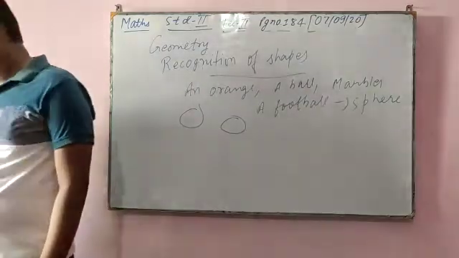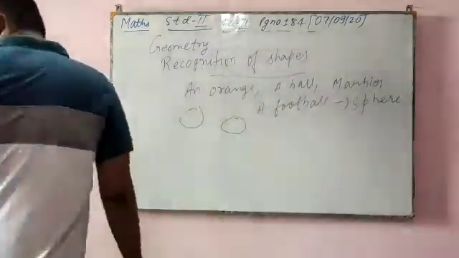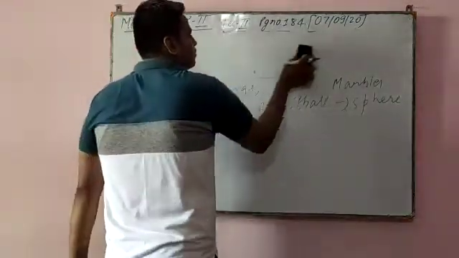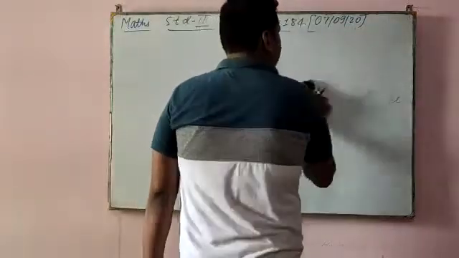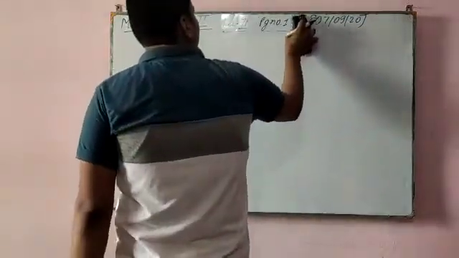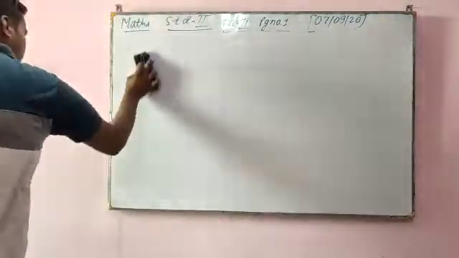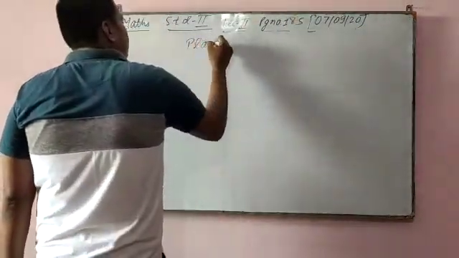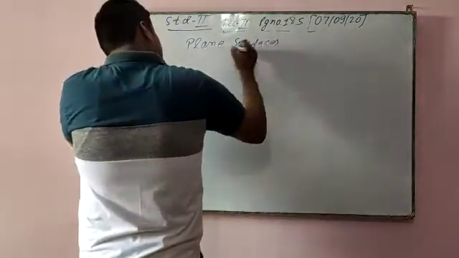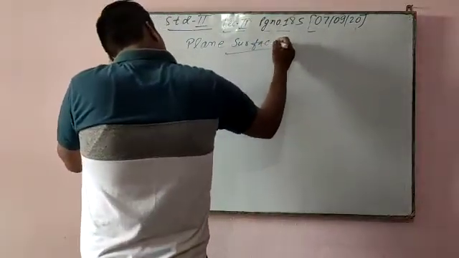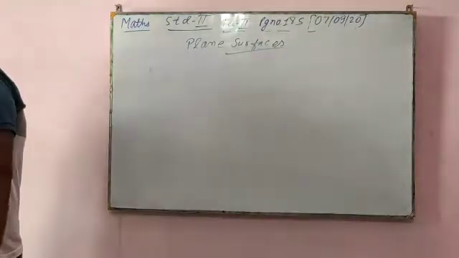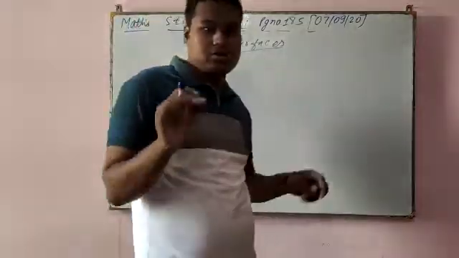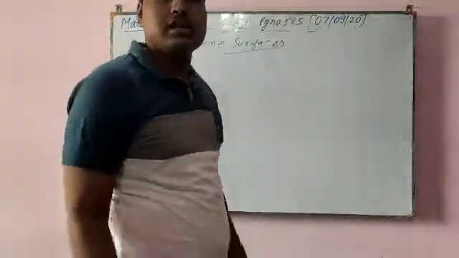Now, in page number 185, I am going to explain plane surfaces. Plane surfaces means the portion of an object we can touch and see is called a plane surface.